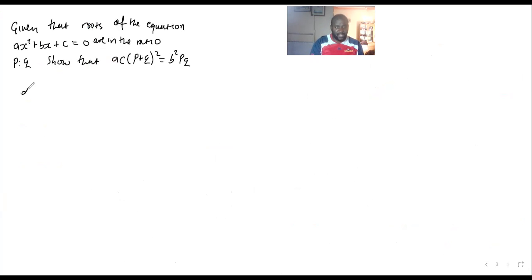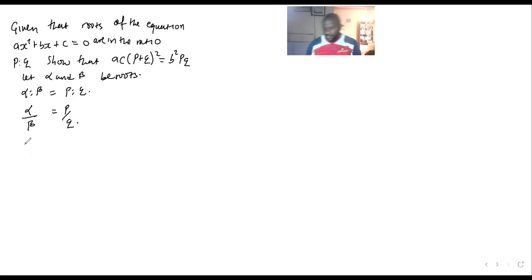It means if I have alpha and beta as the roots, then these roots are in the ratio of P to Q. It means alpha over beta is P out of Q. So for x squared plus b over a x plus c over a, the sum of the roots, alpha plus beta, is equal to negative b out of a.